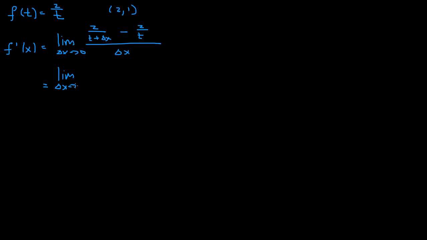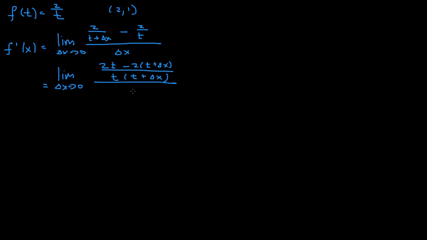So the limit as delta x approaches 0. Let's see here. That's going to be 2t minus 2 times t plus delta x all over t times t plus delta x.